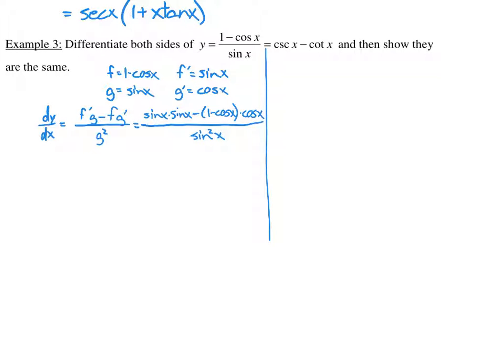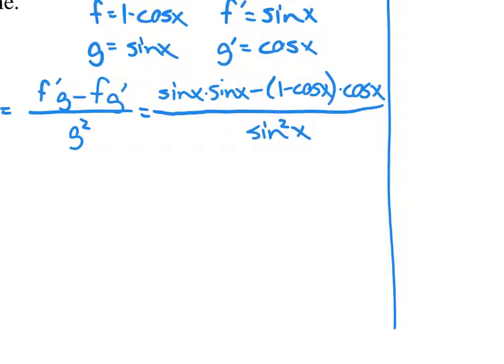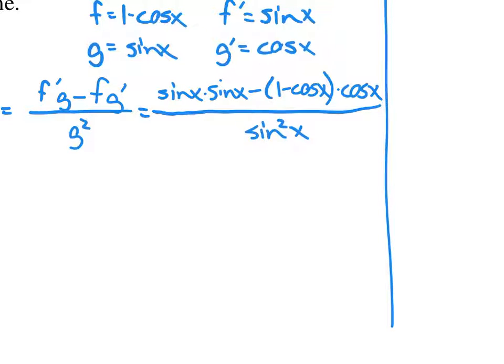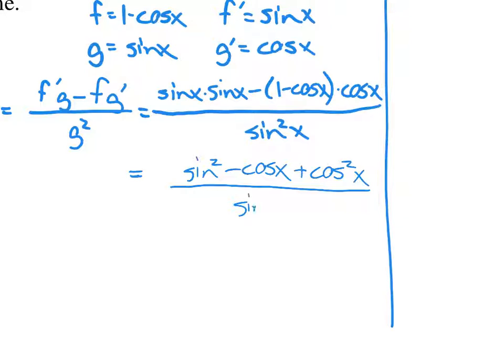So we get sine squared minus cosine plus cosine squared over sine squared.